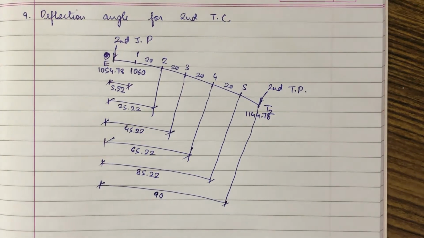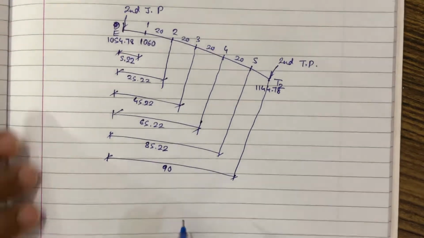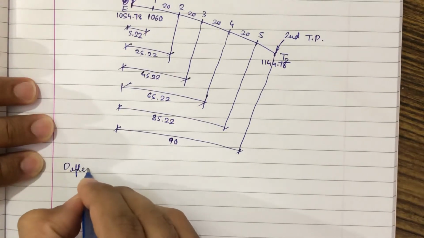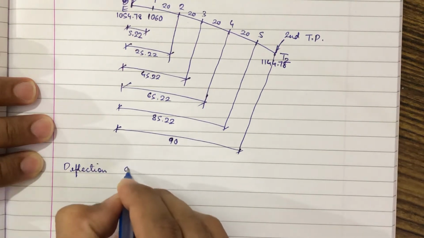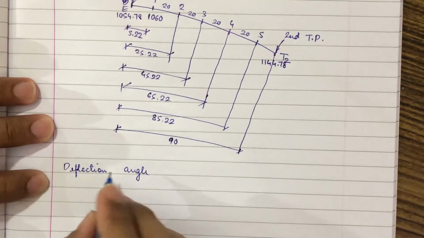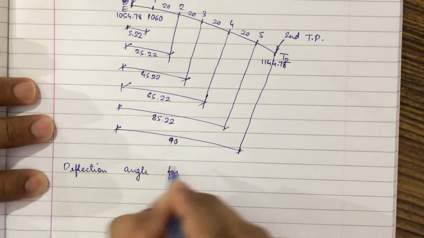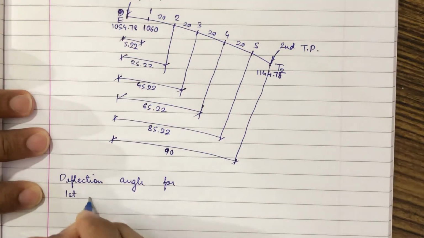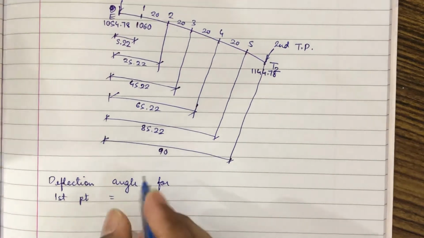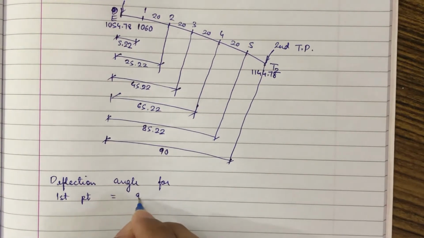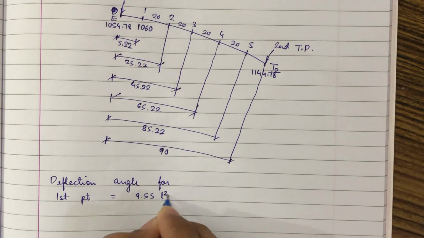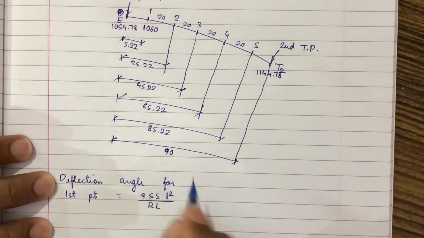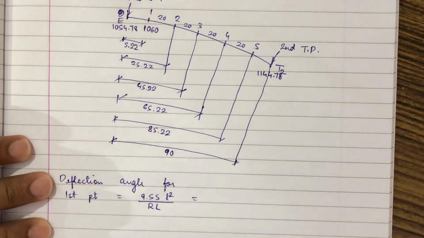So we need to find the deflection angle for all these points. The deflection angle formula for the transition curve for the first point is 9.55 L squared upon R into L. Here the first point is at a distance of 5.22 meters.